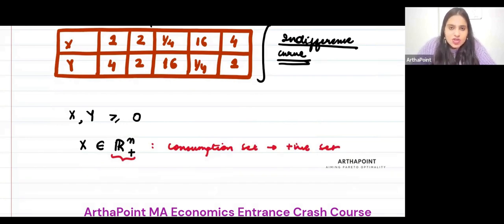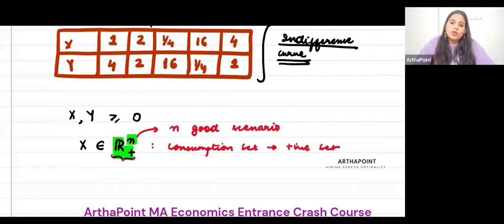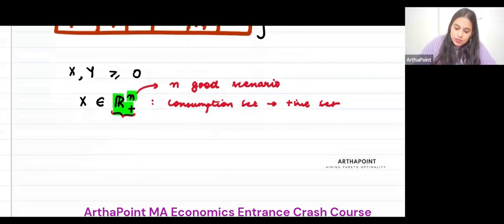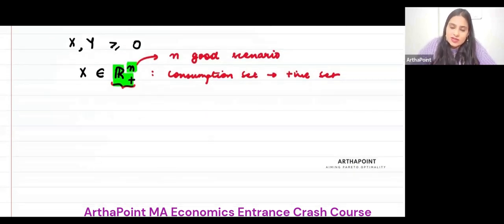Whether it is natural or integer does not worry. It has to be a real number. This is all it says. But it has to be a positive real number, which means it can only be in the first quadrant. And this n on top of it represents the number of goods scenario. Okay, so I just want to highlight this thing.